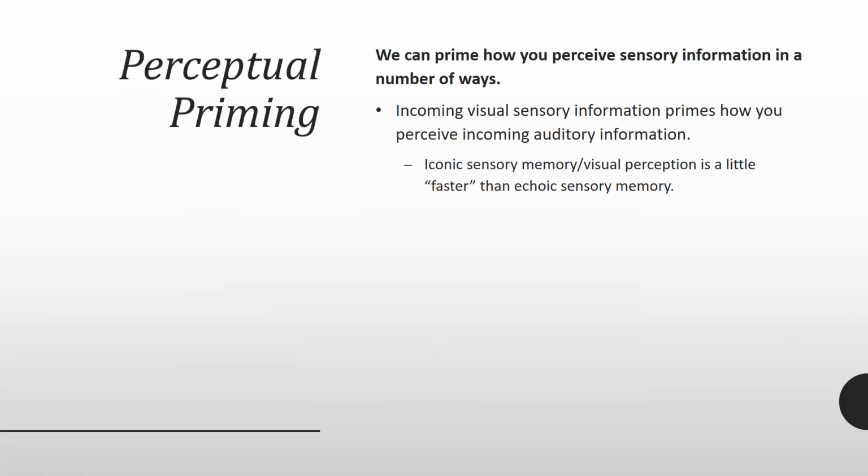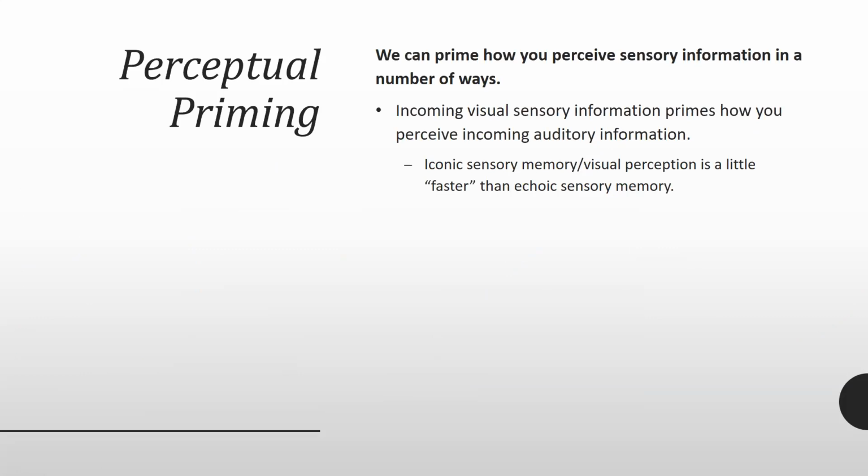Often the incoming visual information can prime how you perceive auditory information. This always happens: what you see affects what you hear. It's not often that what you hear affects what you see, and that's because, as we just learned in the previous activity, iconic sensory memory is much faster and much briefer than echoic.